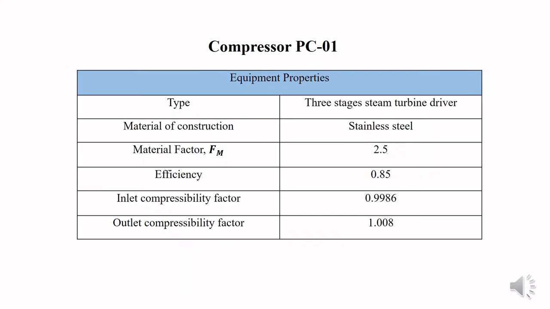This is the equipment properties for compressor PC01. The type of the compressor is a 3-stage steam turbine driver, which is suitable for high operating pressure, and the material of construction is stainless steel.